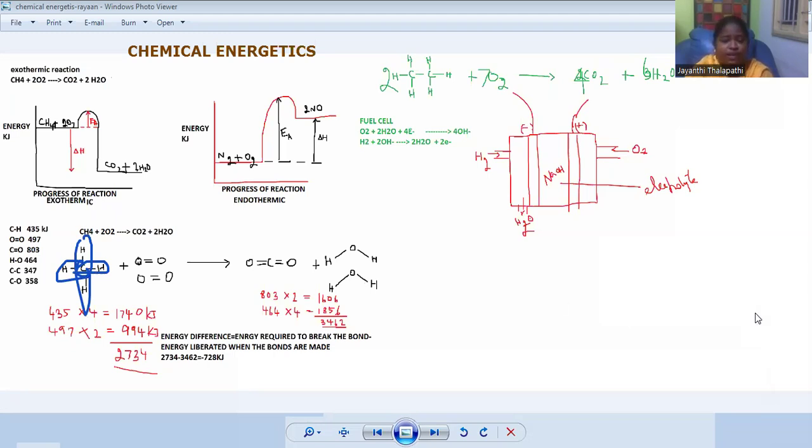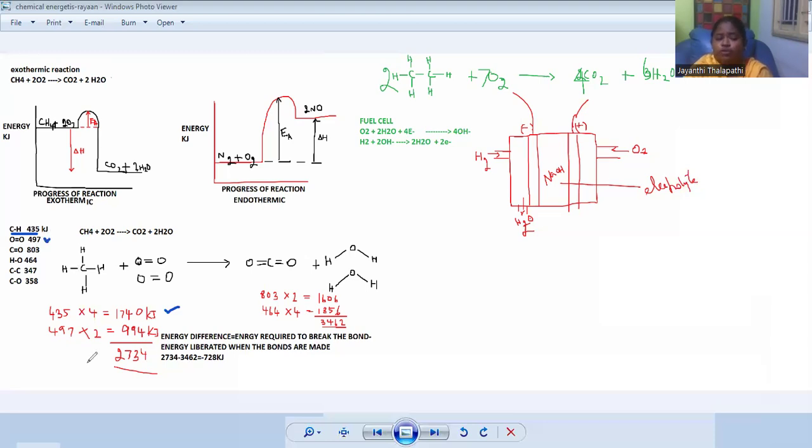So what does that mean? Over here, for C-H, what is the energy we need? 435. So 435 times 4, which is 1740. Then come to oxygen, O=O, which is 497.